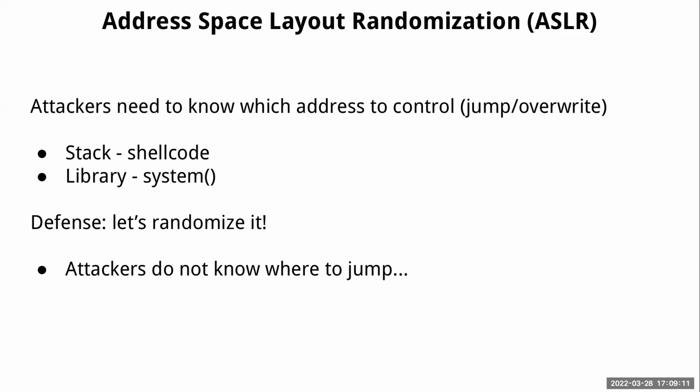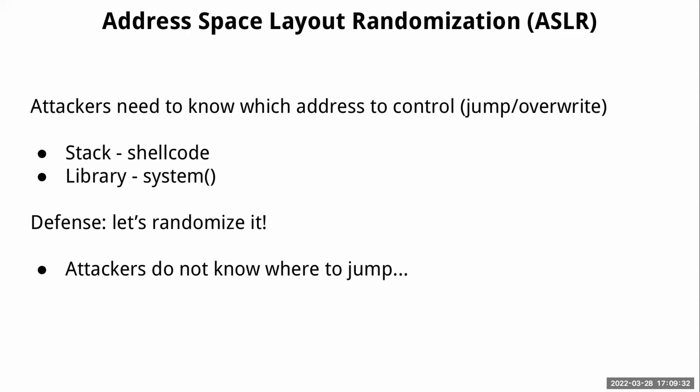So as a defender, if we want to defeat this kind of attack, one option is to randomize that function's address. Every time a program is loaded to be executed, those functions will have a different address.